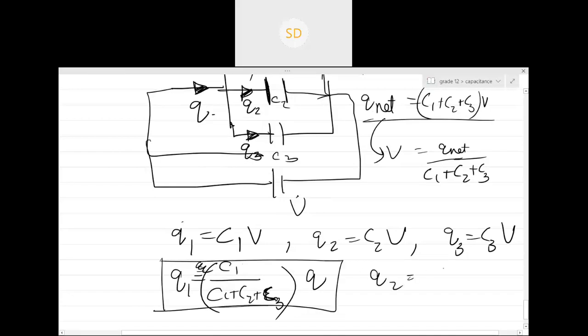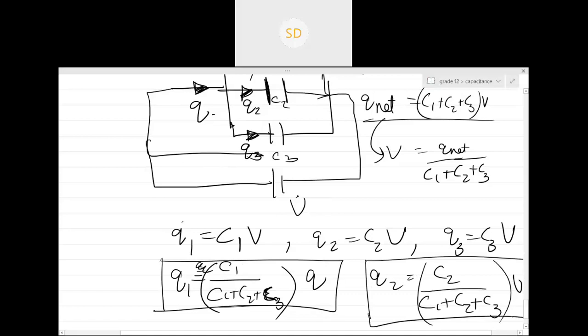Q2 will be equal to C2 upon C1 plus C2 plus C3 into Q. Can you see, guys? Similarly, Q3 as well.